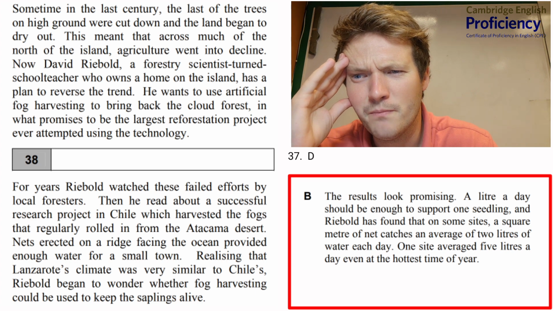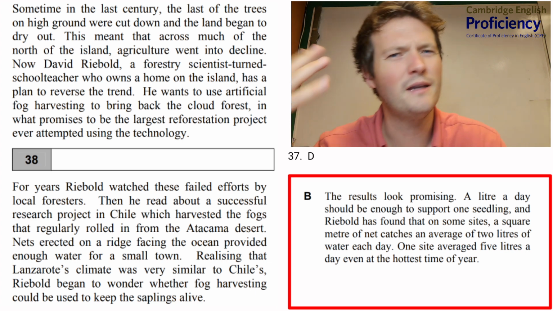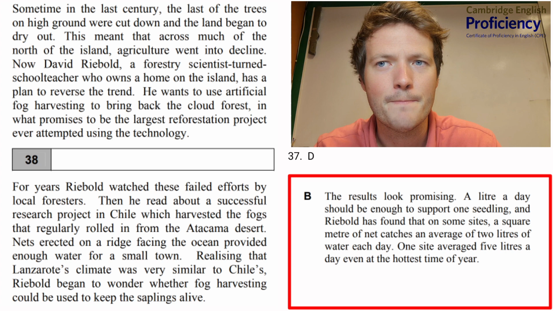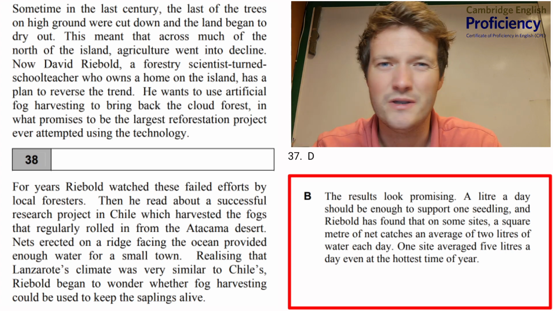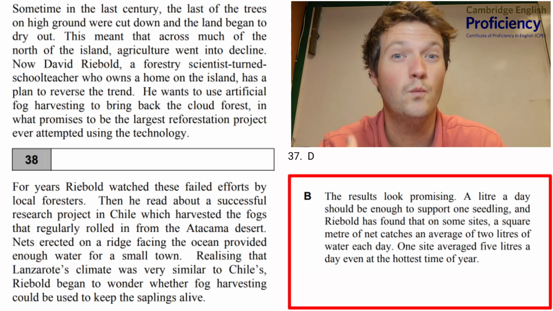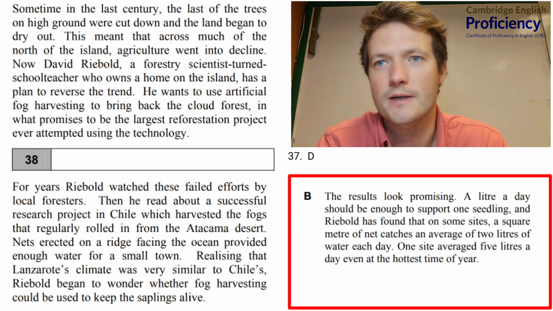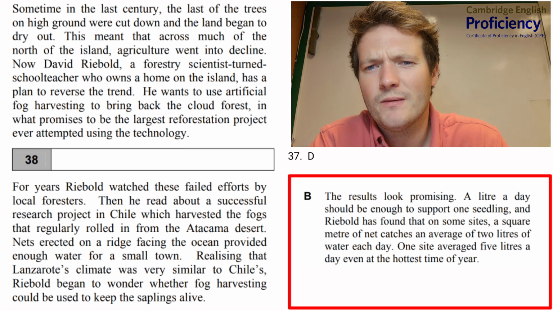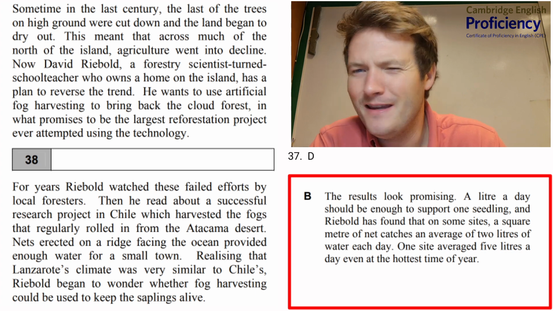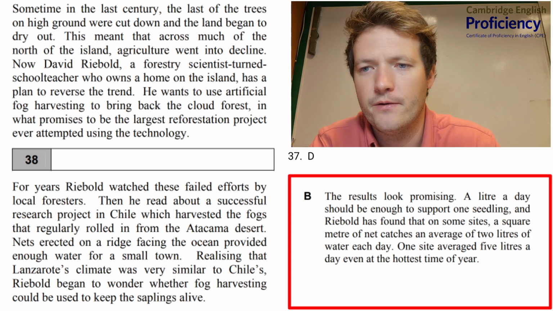A litre a day should be enough to support one seedling. Again, a litre a day, he hasn't said how he's going to collect water. I assume it means water to water the seedlings, the baby trees. Again, it just doesn't sound coherent.